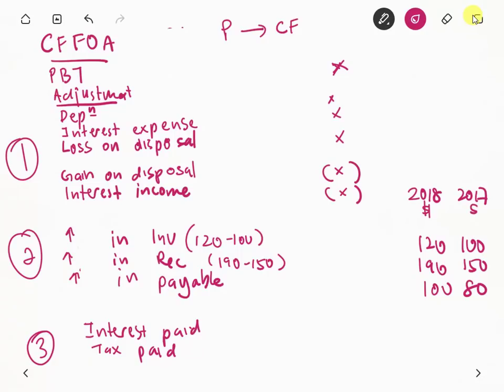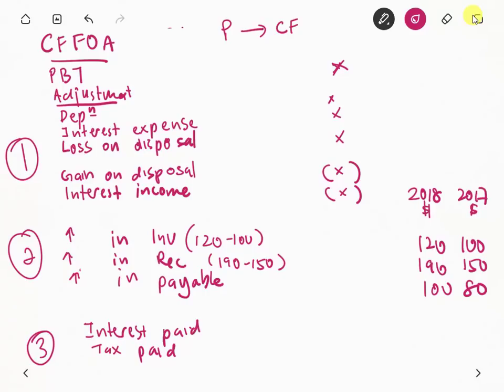Let's say over here you can see there's an increase or decrease in three things: inventory, receivable, payable. So in my example here, if last year my inventory is 100, this year 120, increase or decrease? Up, increase.